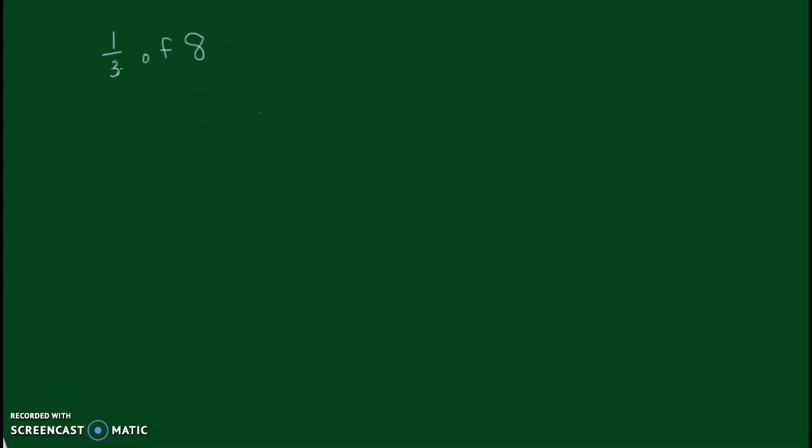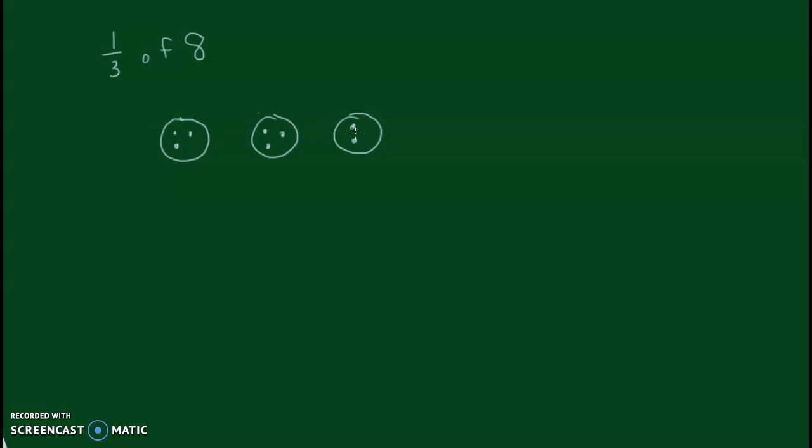So if we had 3 equal groups, and 8 things to put in those 3 equal groups, let's separate that out. Let's divide that out. So we've got 1, 2, 3, 4, 5, 6, 7, 8.